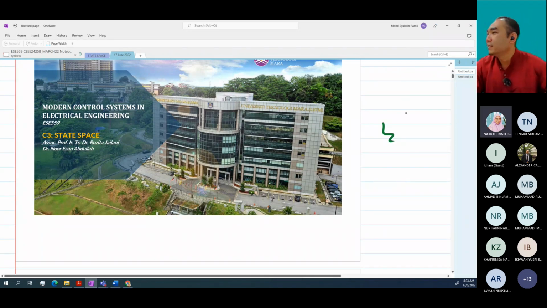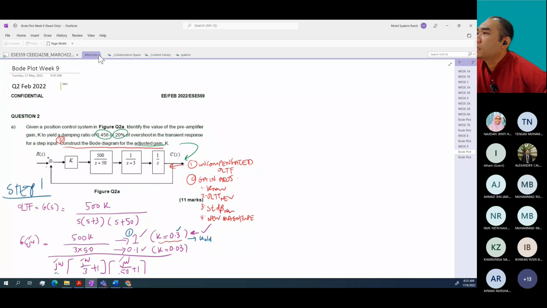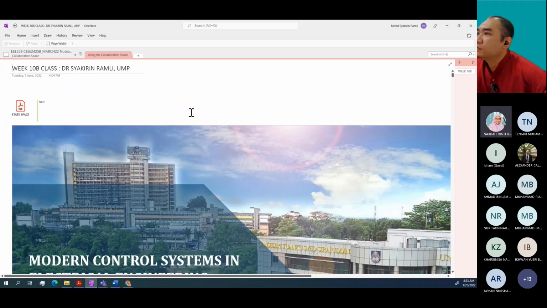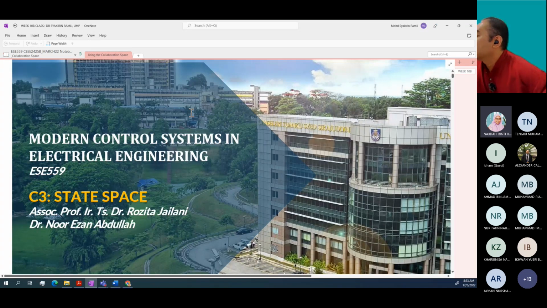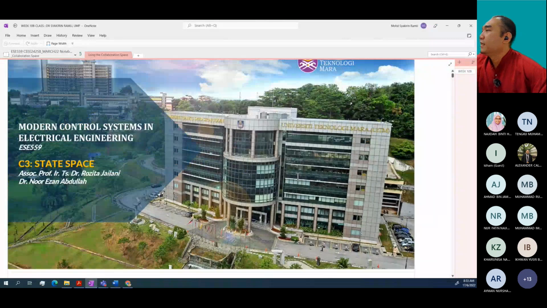Dr. Syakirin, I think you have to use the collaboration space tab, not from your folder. Okay. Collaboration space. So it's going to be this one, right? Betul. Okay, so I just discovered it.